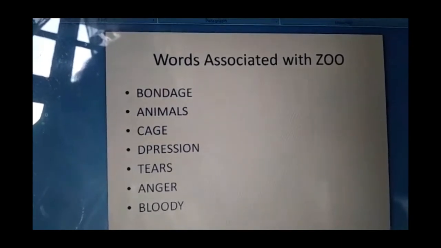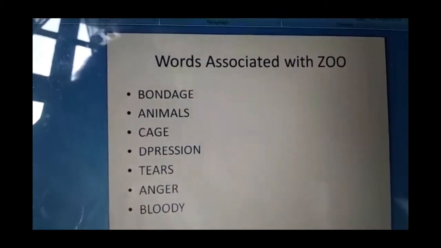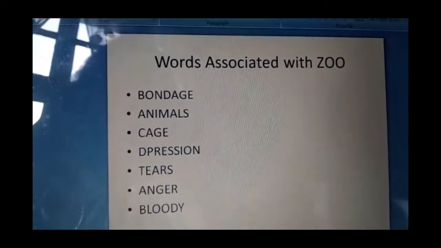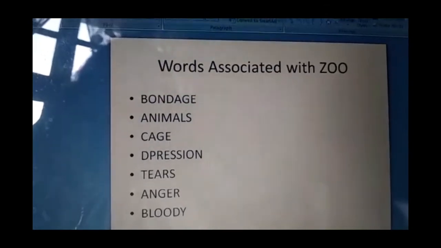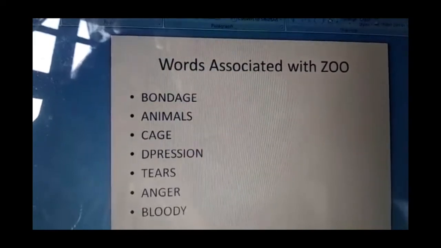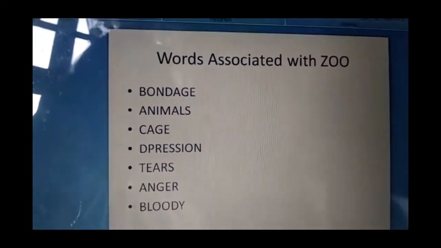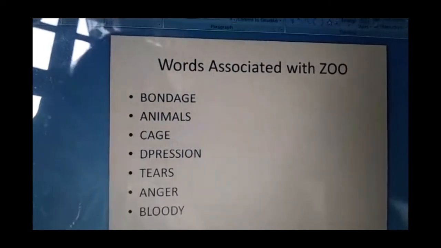And cage. Cages. Cages is a picture, an image of the zoo. And another word which is related to cage is depression.